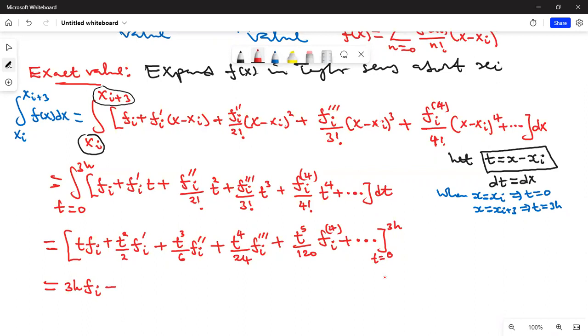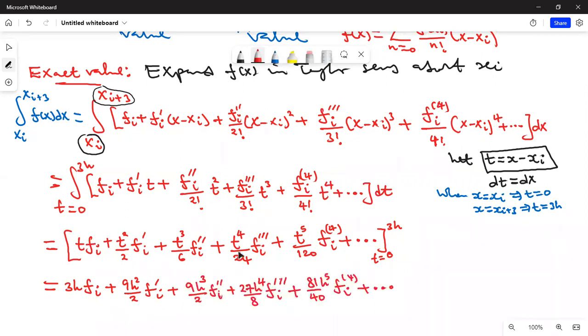So this is plus 9h squared over 2 fi prime plus, so work out the remaining terms. Where there is t, you put 3h. So when you work it out, this is what we need to get as our exact value of that integral.